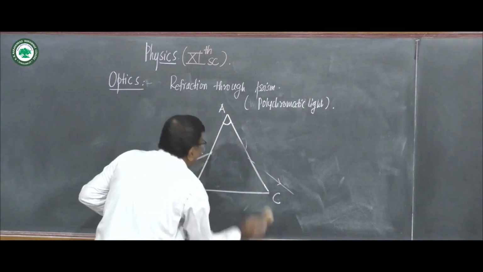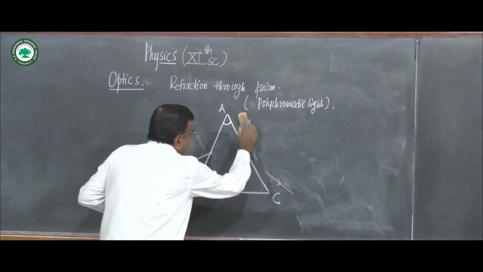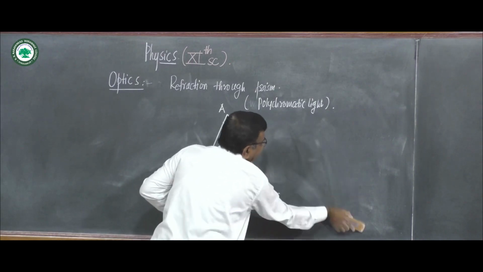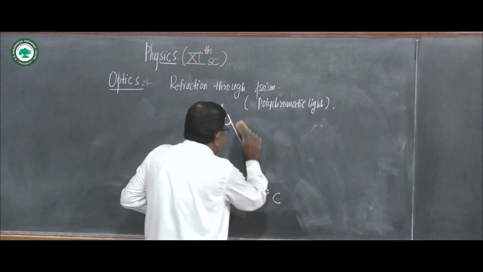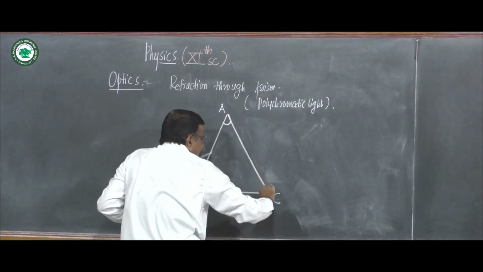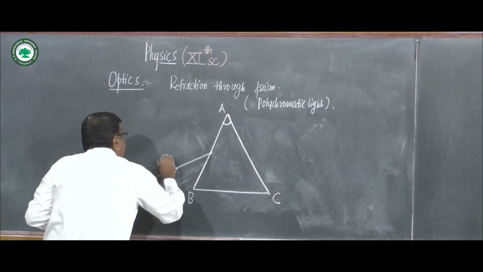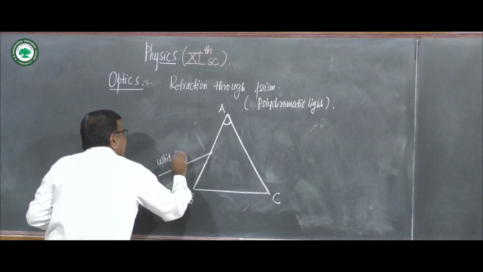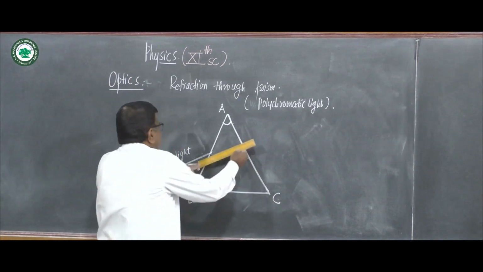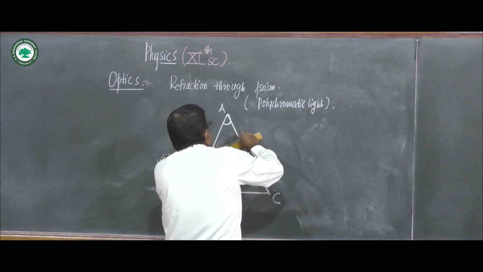For polychromatic light, we know it is made up of different wavelengths, hence different colors. Polychromatic light is made up of the different wavelengths, that is the different colors. This ABC is a prism. This light is a white light, or we call it as a polychromatic light. If prism is not there, this light will travel along this direction. This is the direction of the incident light.